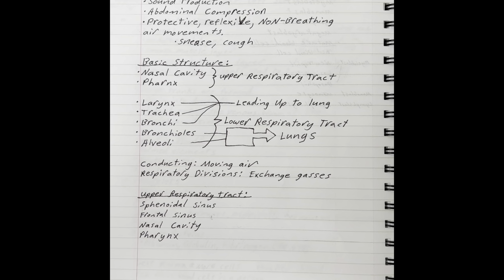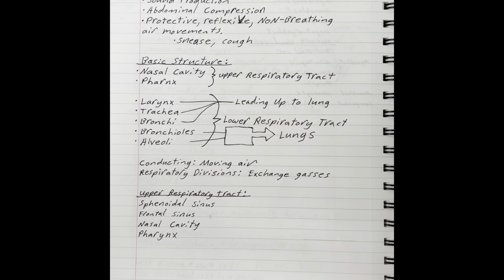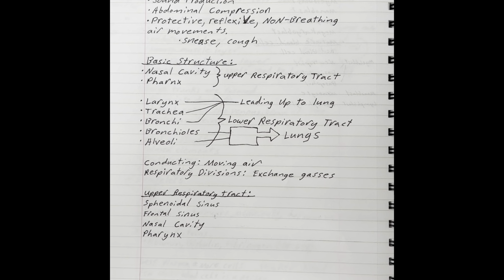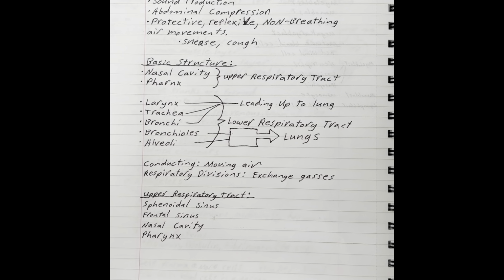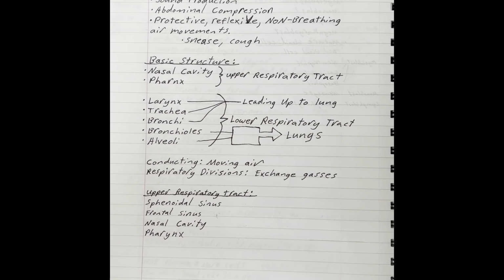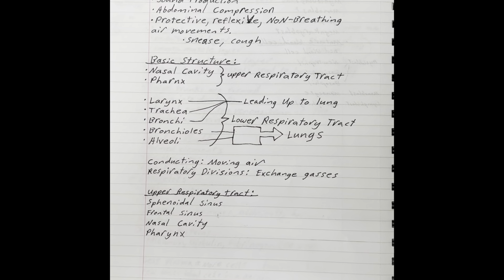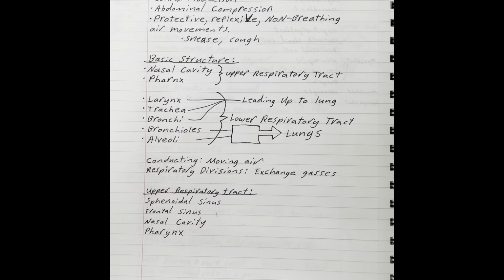Basic structure: the nasal cavity and pharynx are part of the upper respiratory tract.